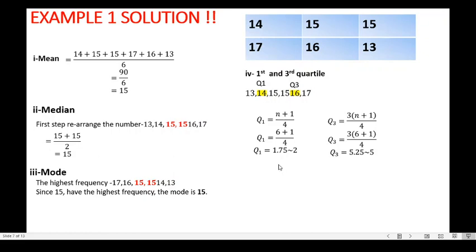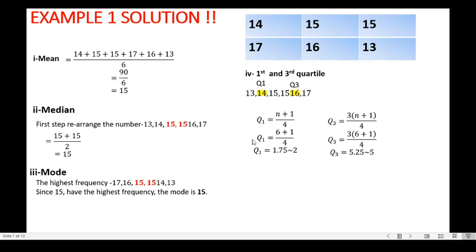We put it to the nearest whole number, round it off, so it becomes 2. Position 2 is 14, which means that your Q1 is equal to 14. That is the answer.